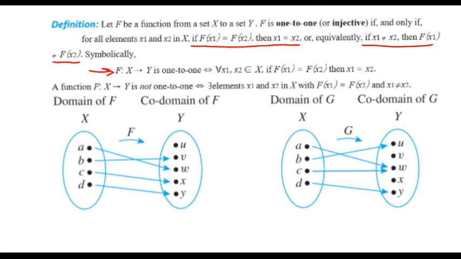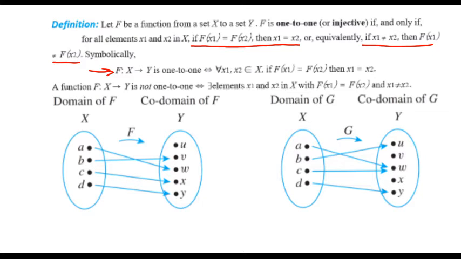On the other hand, as you see in the right figure, the elements A and C are both mapped to W by function G, and that's why G is not one-to-one, but F is a one-to-one function.